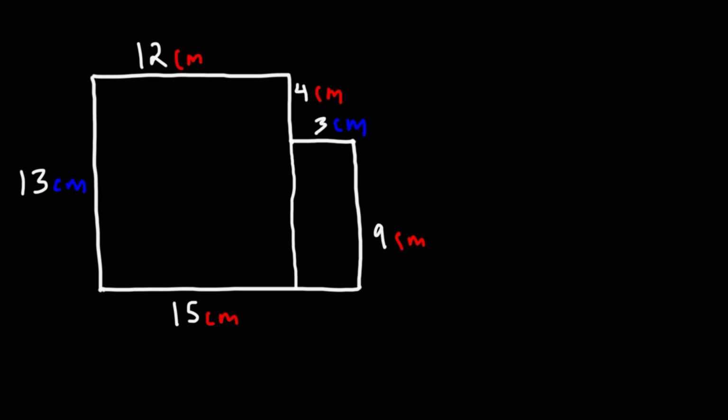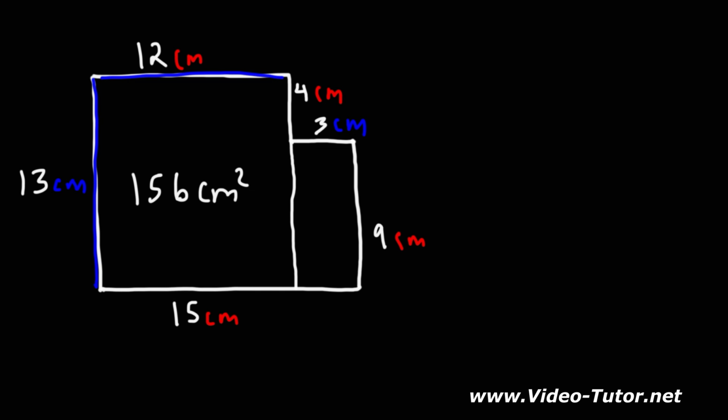So for the first rectangle, we have a length of 12 and a width of 13. So multiplying 12 by 13, that's 156 square centimeters. Now for the smaller rectangle on the right, we have a width of 9, a length of 3.